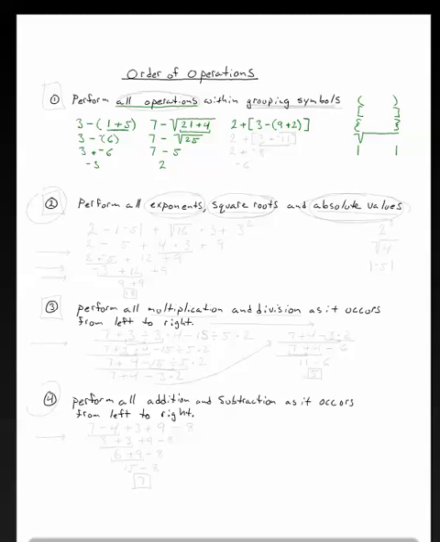If I have something like this, then the parentheses are embedded within this outer set of brackets. And we want to work from the innermost to the outermost. So the first thing I'd have to do is this 9 plus 2. So we do 2 plus, keep my bracket, and then 3 minus, and now this 9 plus 2, which is 11.